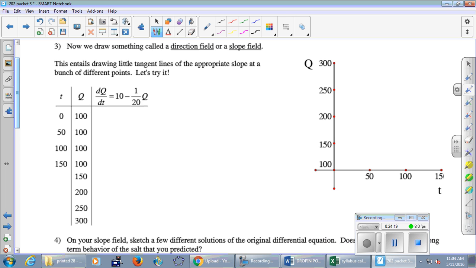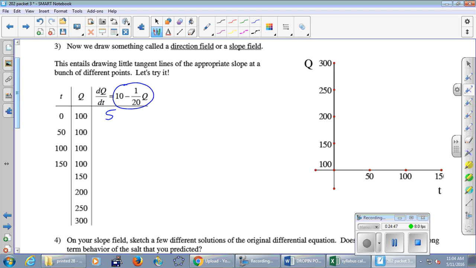If we plug in t equals 0 and q equals 100 into this expression right here, what do we get? There are no t's to plug in. So 100 for that q gives me 5. Right, 10 minus 5 is 5. If we plug in 50 for t and again 100 for q, what do we get?